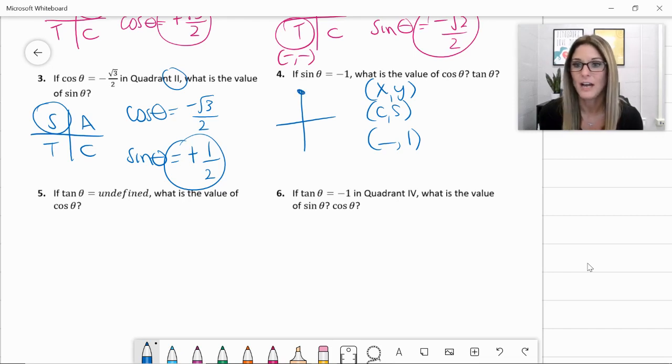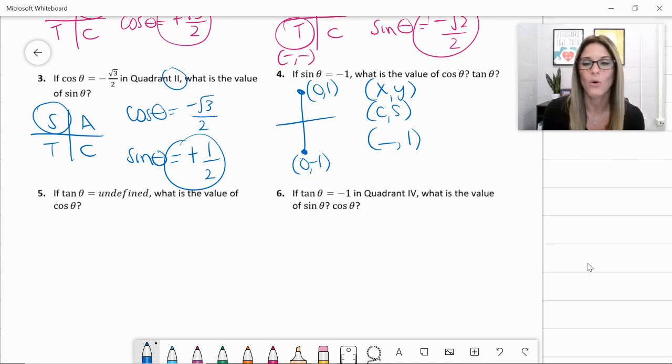So if I went straight up to like where 90 degrees is, that would be 0, 1. If I went straight down, that would be 0, -1. Aha. I'm down here at 270 degrees or at 3 pi over 2. Here's where I am. So what is the cosine value right here? If this is cosine, this is sine. Cosine would have to be 0.